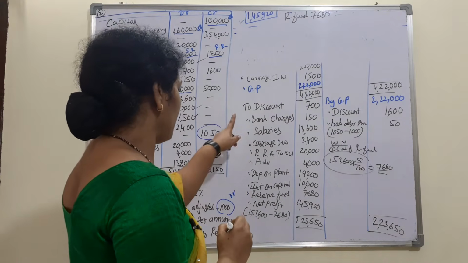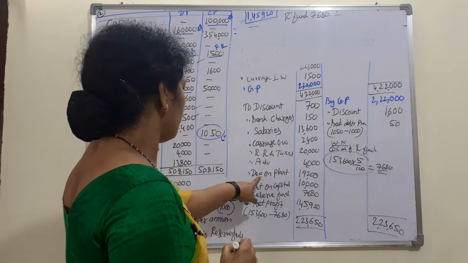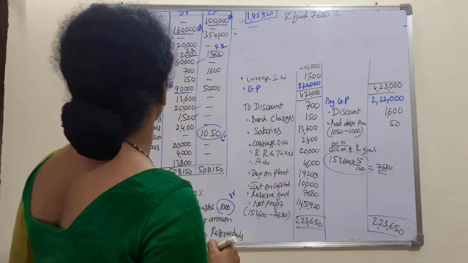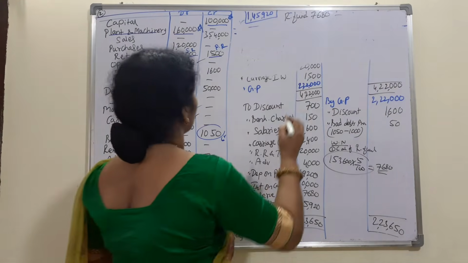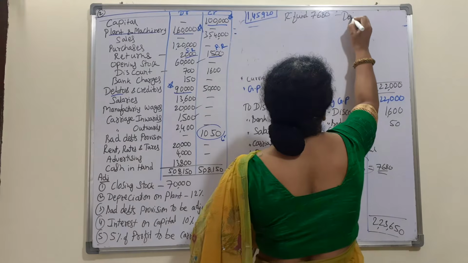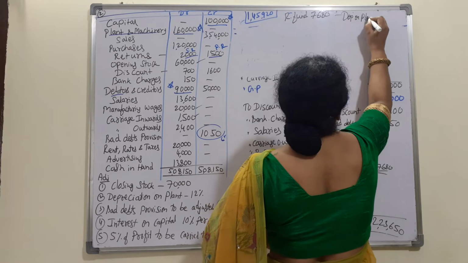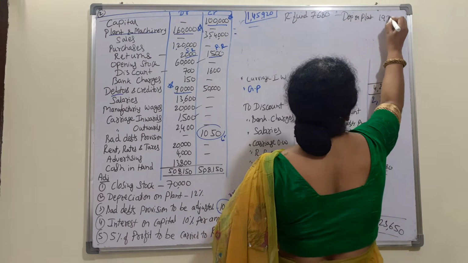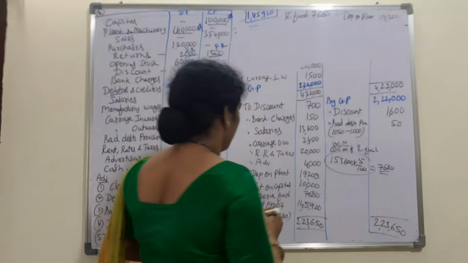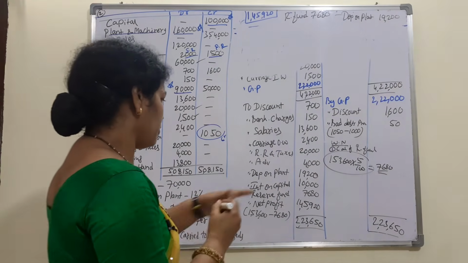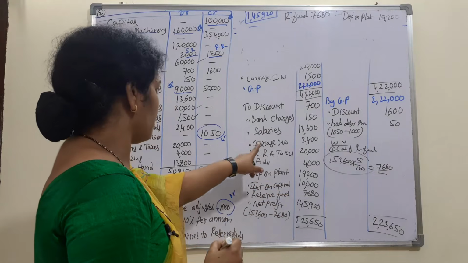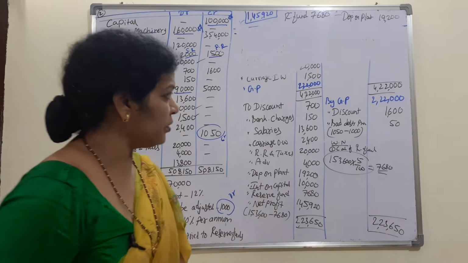And what else have we done calculations for? Depreciation on plant 19,200. Interest on capital 10,000, we can calculate it. That's all. Now I can rub this.